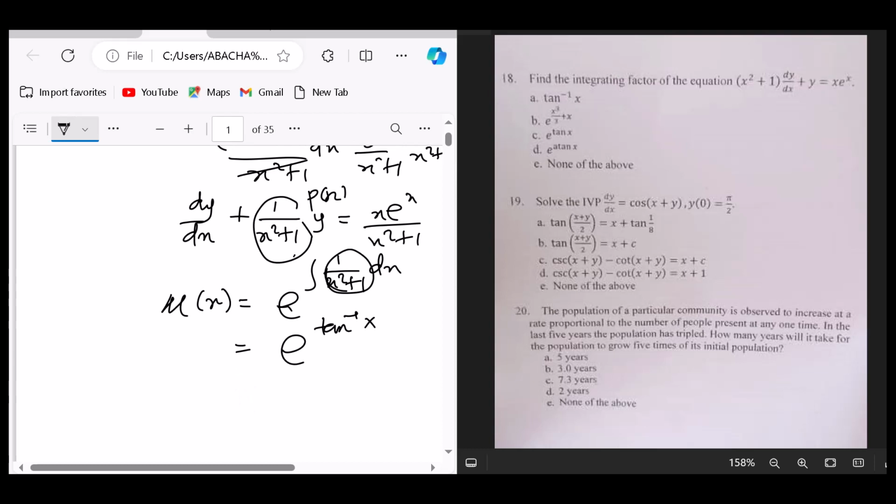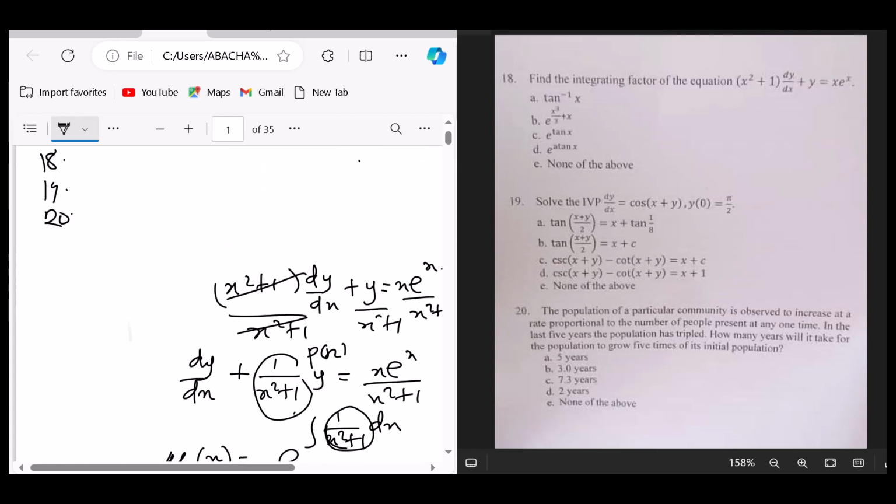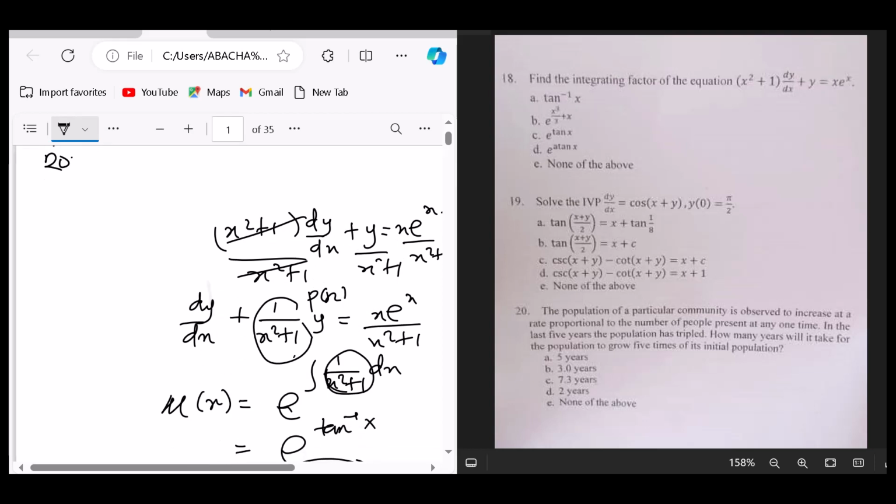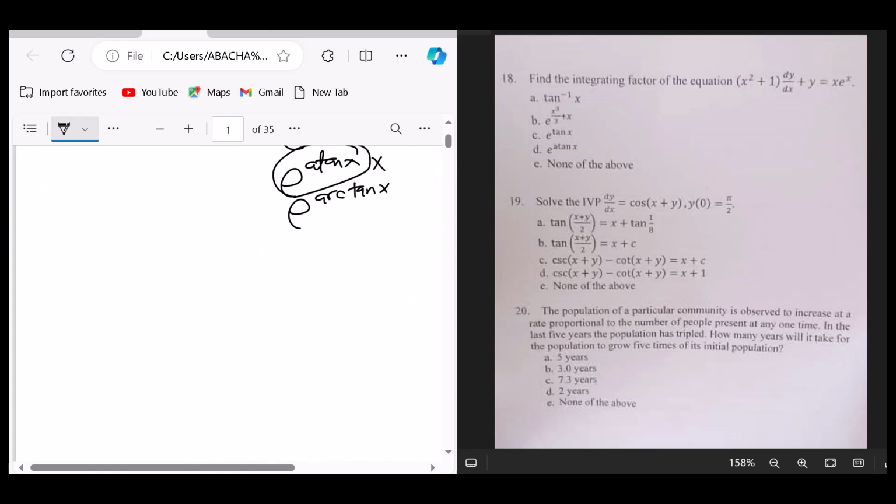By looking at our options, we don't have tan inverse, we have e to the power a tan x. If it was e to the power arc tan x, that would have been the answer, but this one is not the answer, so don't think the answer is there. So it's none of the above because the answer is not there. So that is just e. So 18 is e.